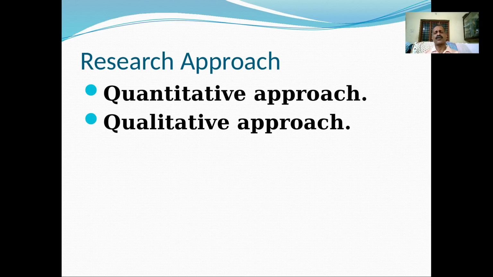Research approaches are basically derived from paradigms. Paradigms means our viewpoints, something related to our philosophies. There are two different types of paradigms. Some paradigms consider only what works, what is practical.